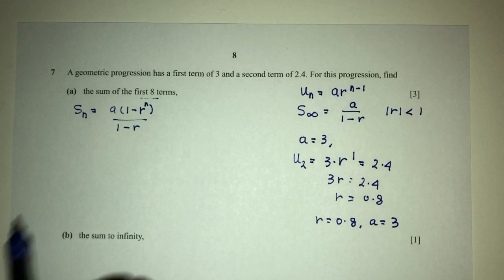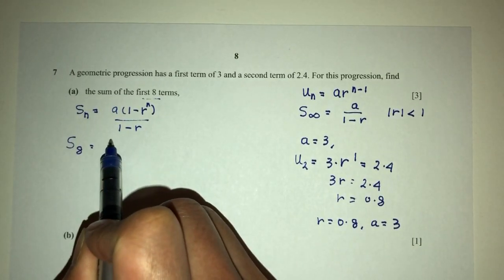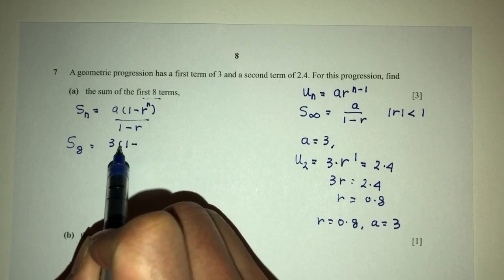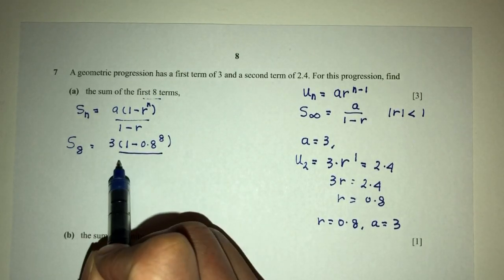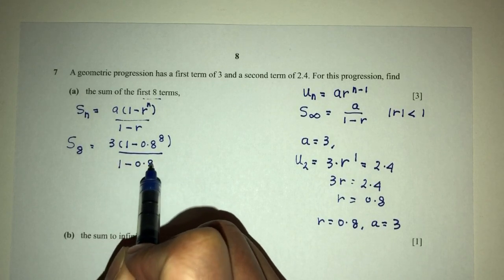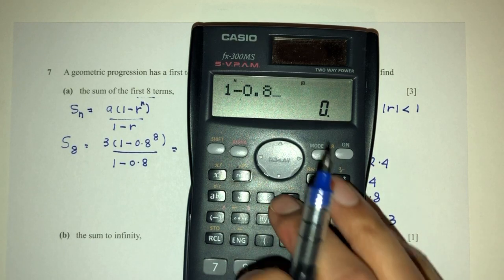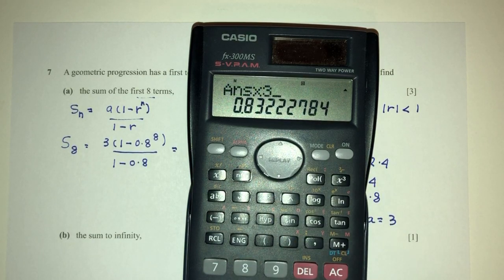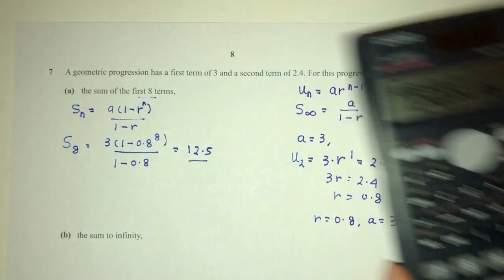Replace the values here: the sum of the first 8 terms will be 3 times 1 minus 0.8 to the power 8 over 1 minus 0.8. So 1 minus 0.8 to the power 8 times 3 divided by 0.2. That should be 12.5, correct to 3 SF.